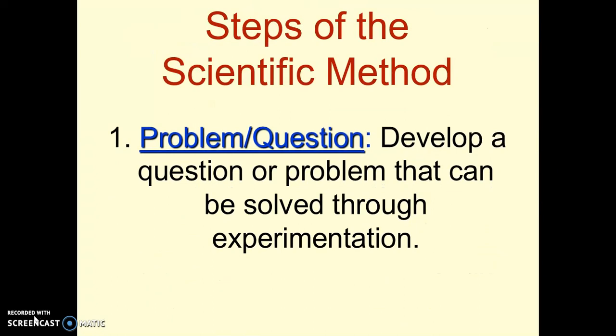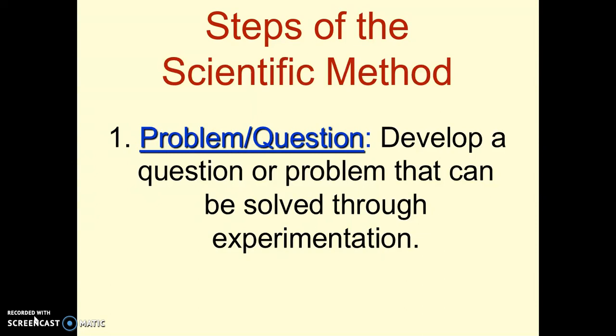The scientific method starts with the first step, which is problem or question. You develop a question or problem that can be solved through experimentation. It can be a simple problem, like when you go out, you see a lot of water puddles on the road, so you ask a question: why are there puddles on the road?